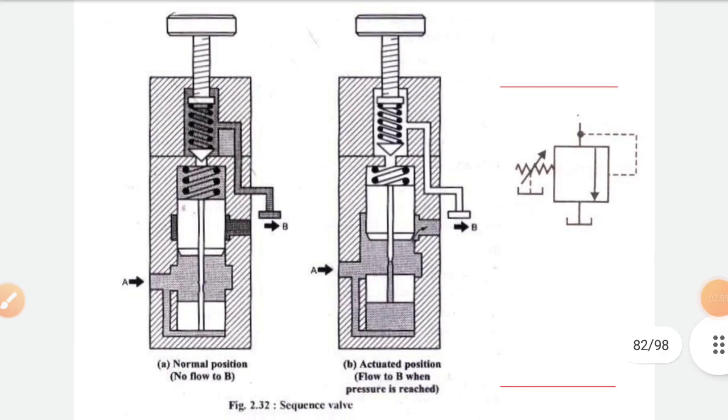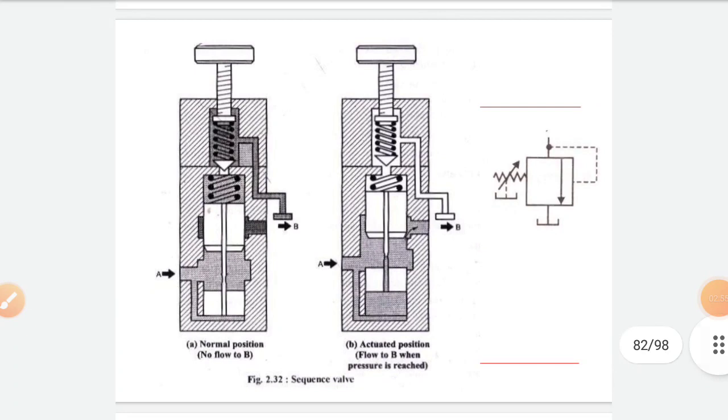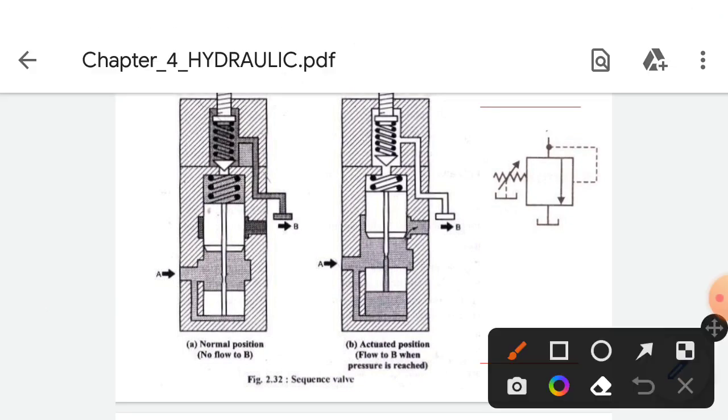So this is the construction of a sequence valve. Figure A shows the normal position, figure B shows the actuated position, and the symbol also we show here, the symbolic presentation of a sequence valve.